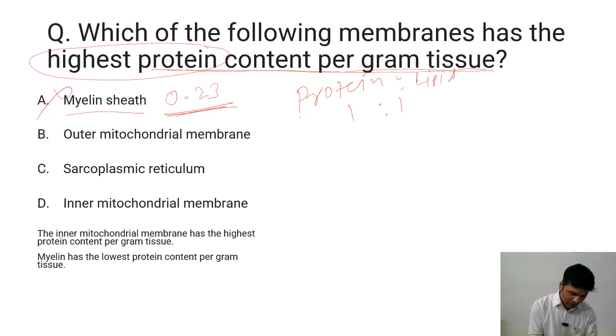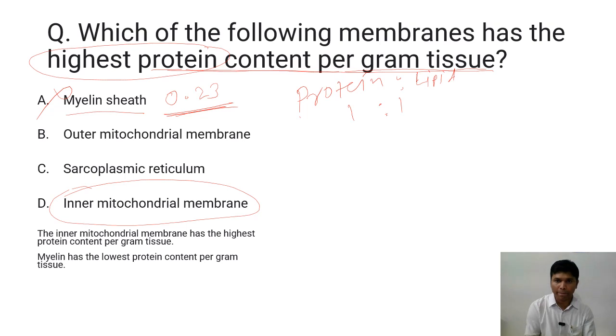But the inner mitochondrial membrane has the highest protein content. Here the protein content is 3.2 gram to 1 gram of lipid, inner, not outer. So the ratio is 3.2:1 here.